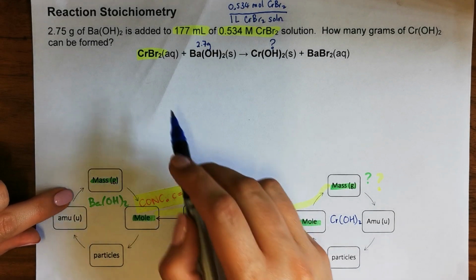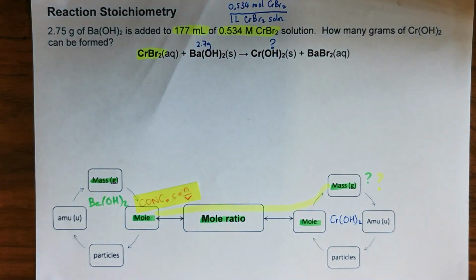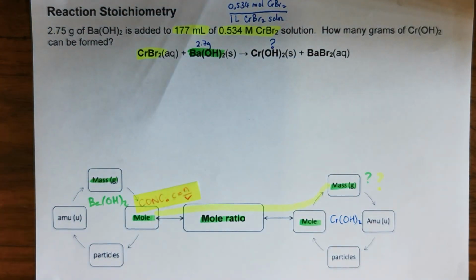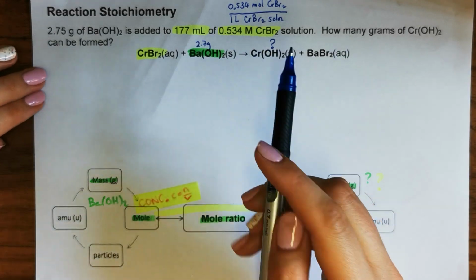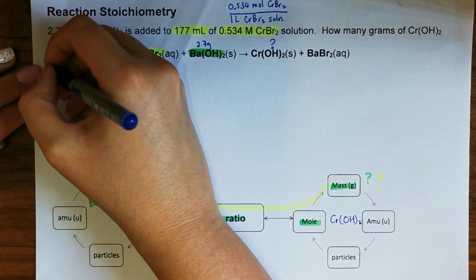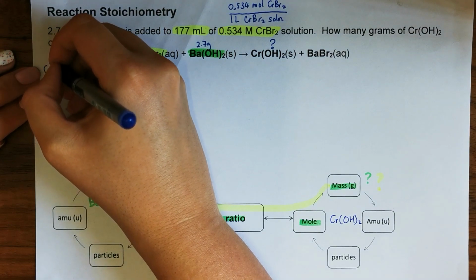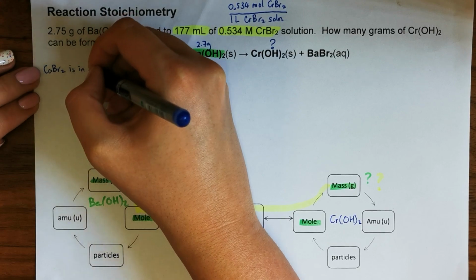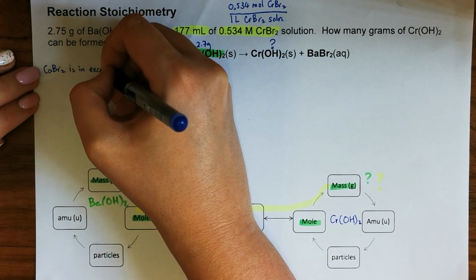So we've got two reactants. We've got the green route and we've got the yellow route. So if we're going to start on the green route, our assumption for the green route would be that CaBr2 is in excess.